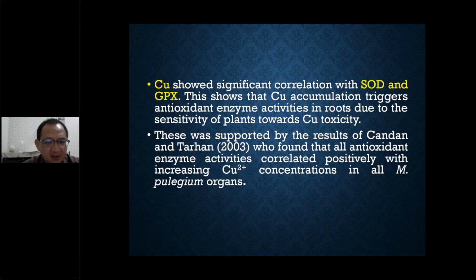This is verified as what we saw in the previous slide, based on Centella asiatica. The results show positively. It will trigger antioxidant enzyme activity in roots due to the sensitivity of the plant towards copper toxicity. And this was supported by the results of other studies.